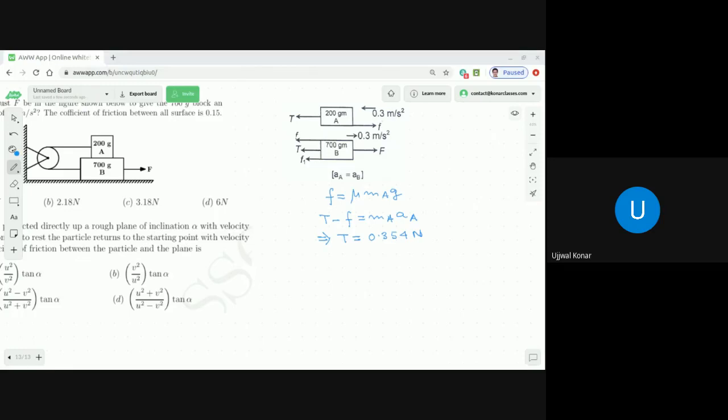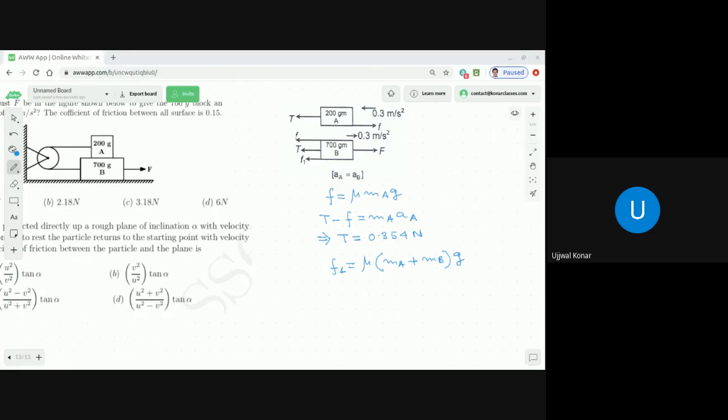What can we find, F1? Let me write it here. F1 is equal to mu into (MA plus MB) into G. Correct or not? And you can apply the values and find F1.